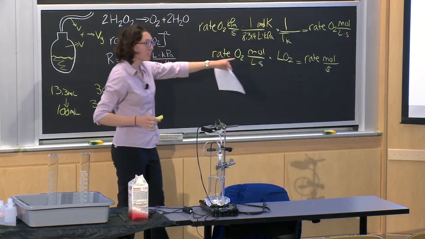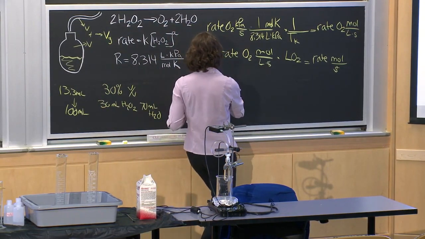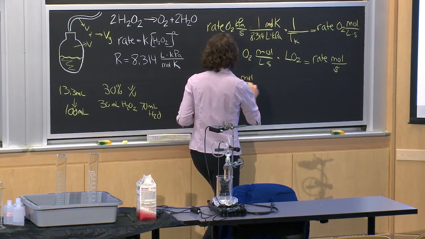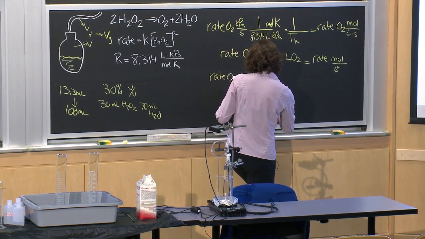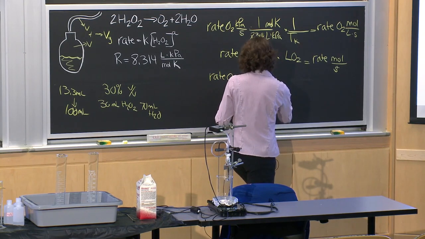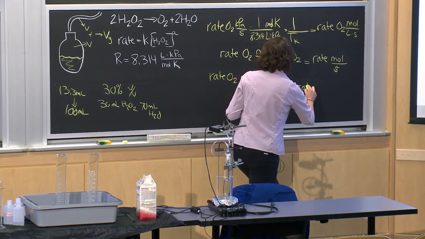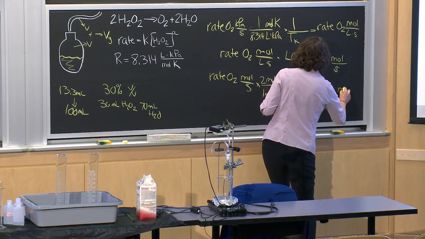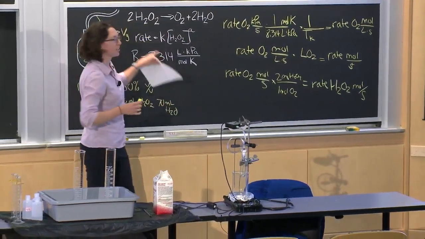And now we can use our stoichiometry because we have it in moles, so we can take our rate in moles per second, and then we know that it is 1 mole of oxygen for 2 moles H2O2. Then we get our rate of H2O2 in moles per second. And what are the units of rate that we want?